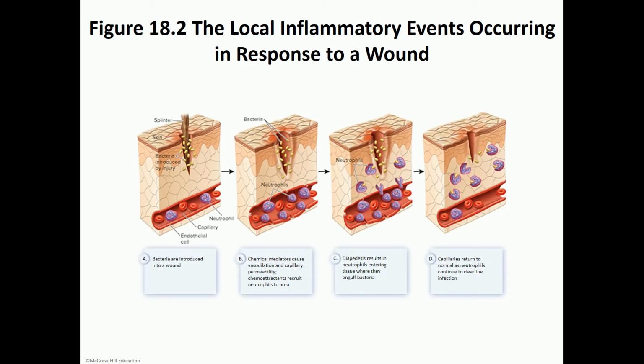And here you can see an example where we have that mechanical barrier. So there is an interruption in the skin. For example, here you can see a splinter with bacteria being introduced into the skin. And down here you see the capillaries with the neutrophils and RBCs. These tissues that are now damaged are going to release different chemicals.